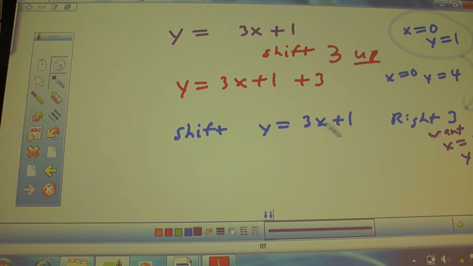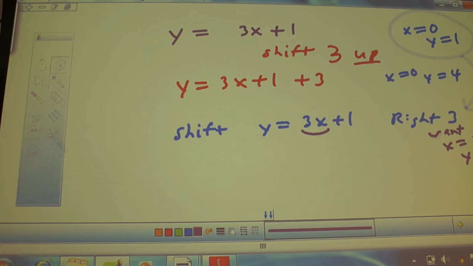So I need the y to still be 1, which means that I need this to still be 0. So when x is 3, I need this to be 0.